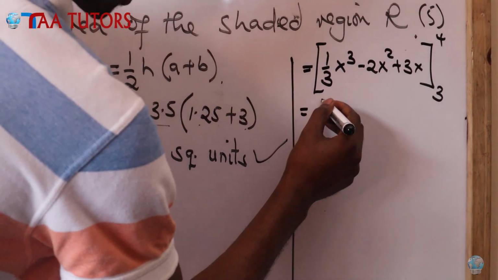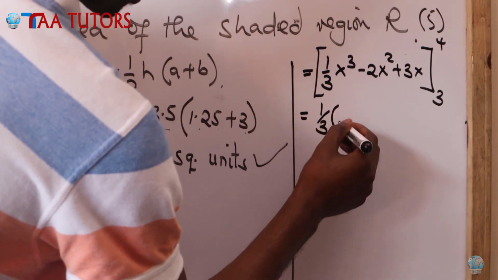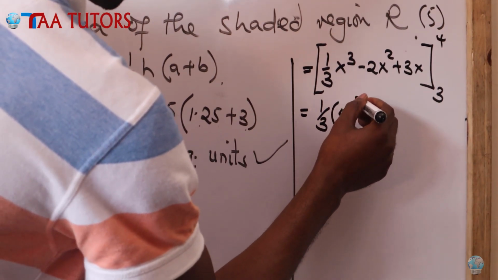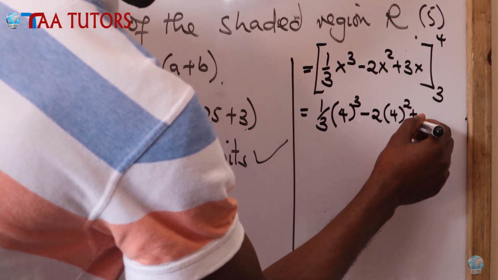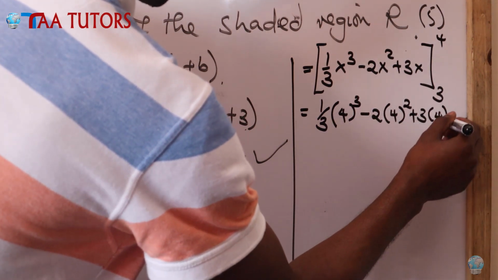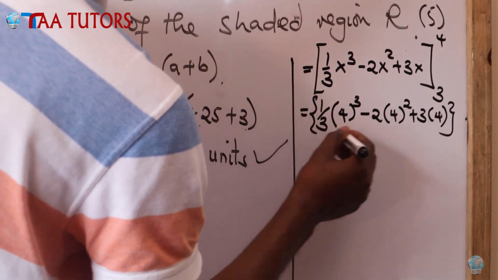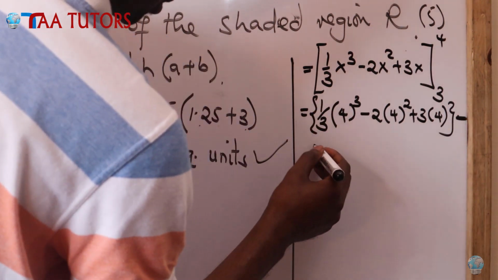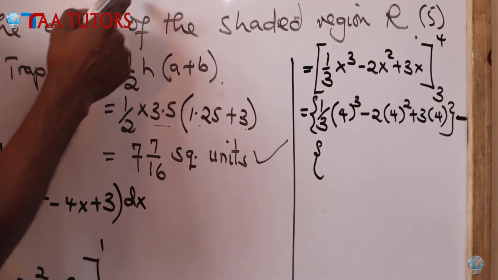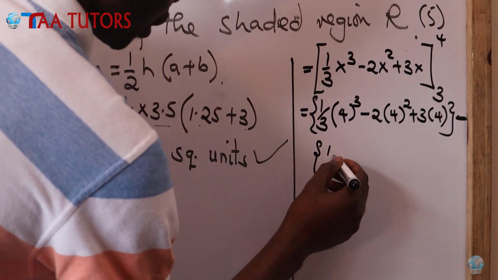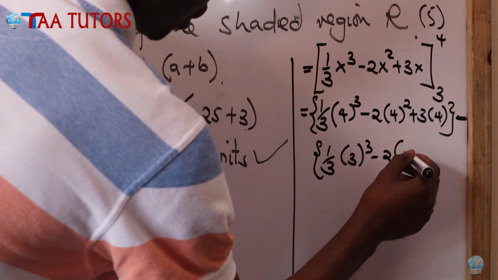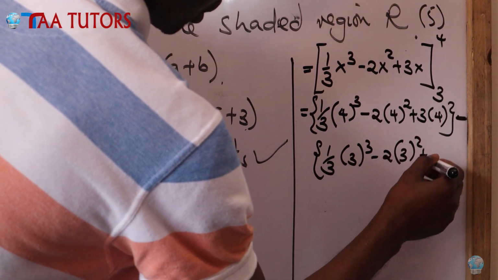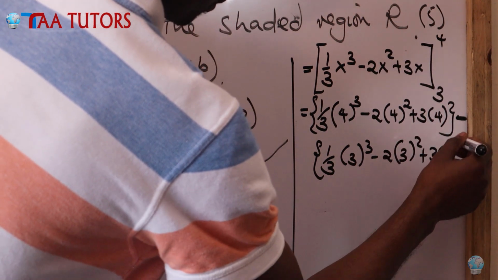So we'll have here a third into 4 cubed minus 2 into 4 squared plus 3 into 4 minus, if we substitute the lower limit, which is 3, a third into 3 cubed minus 2 into 3 squared plus 3 into 3.